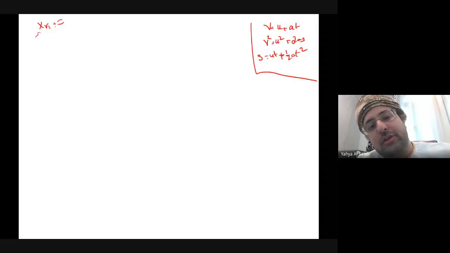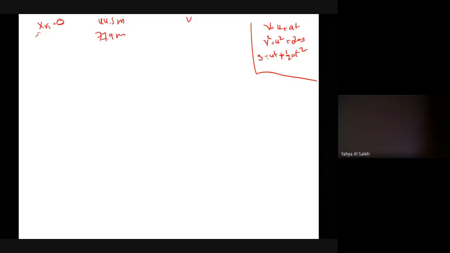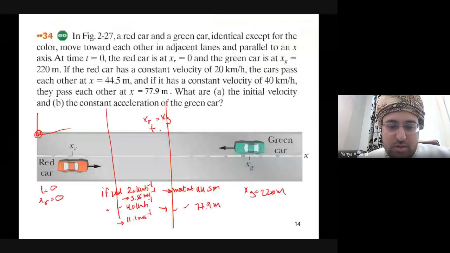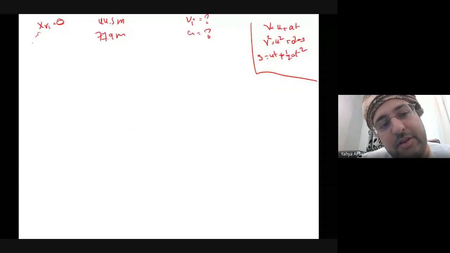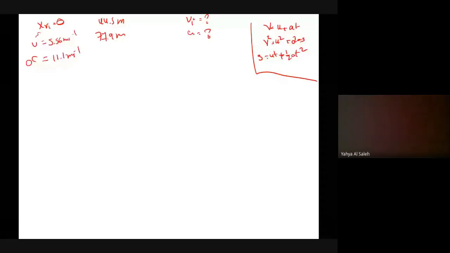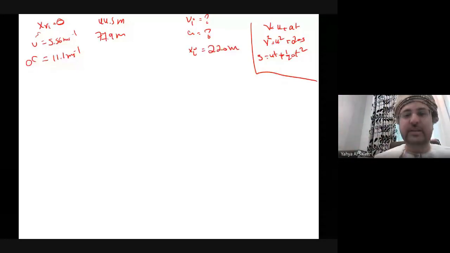We know they meet at 44.5 meters once or at 77.9 meters the other time. We don't know what the initial velocity is here. We don't know what the acceleration of the car is. What else do we know? We know that V is equal to 5.56 meters per second or 11.1 meters per second. And we know that X initial for the green car is 220 meters. Right? Now, key point: same place, same time. Same X, same T.